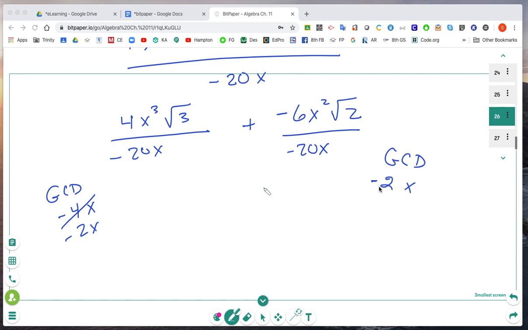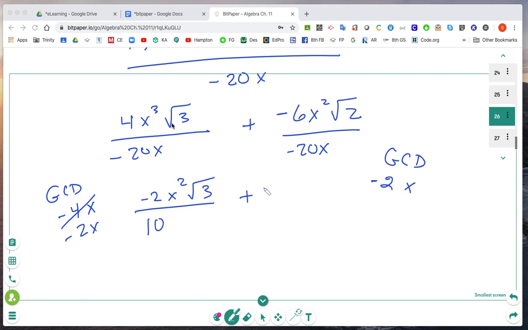So now let's see what happens. Negative 2 goes into positive 4 negative 2 times, and negative 2 goes into negative 20 10 times. Where do I have more x's? On the top. How many more do I have? 2. And the square root of 3 was already simplified, so that doesn't change.